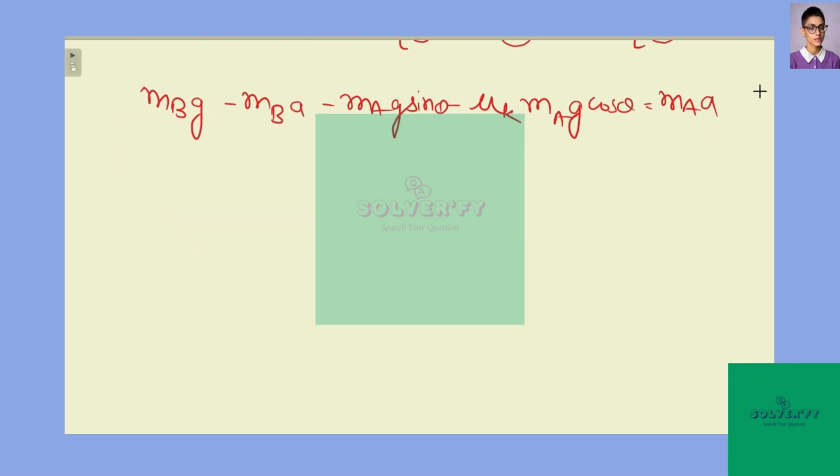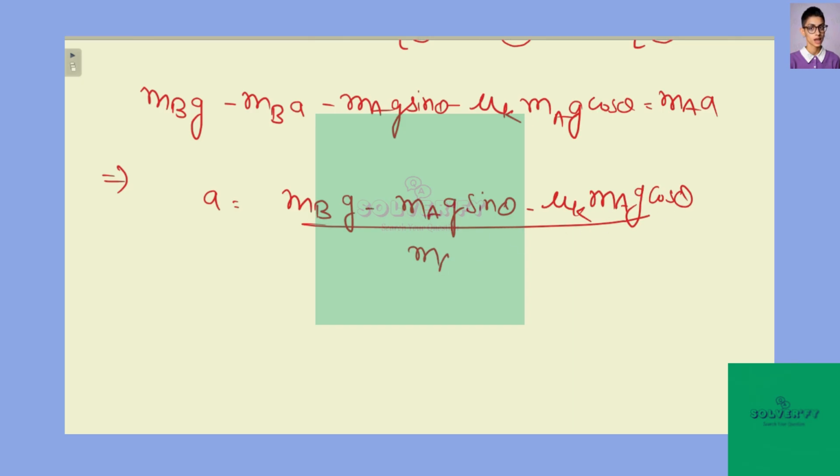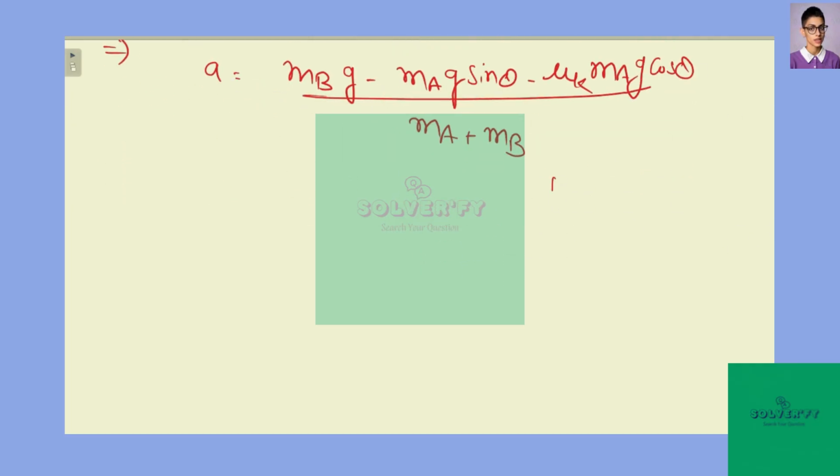Now I'm going to simplify this equation and I will get a equals mb g minus ma g sine theta minus mu k ma g cos theta upon ma plus mb. Now we are given that ma equals mb. So finally we will get half of g, taking g outside, into 1 minus sine theta minus mu k cos theta.